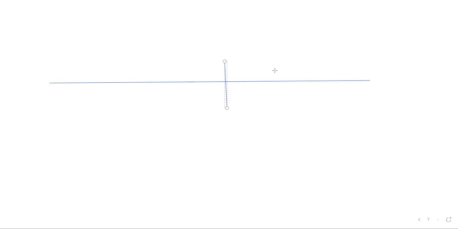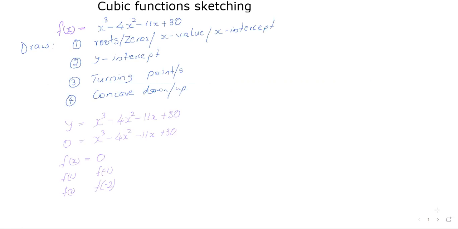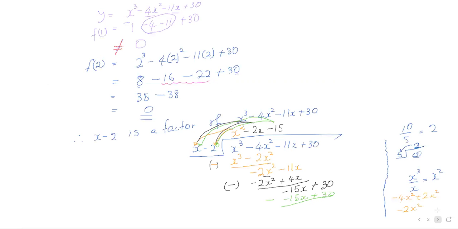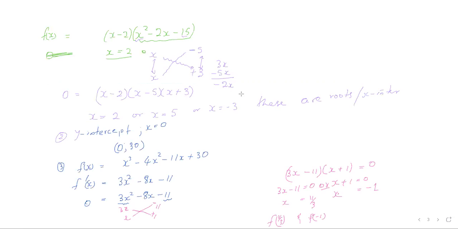We are looking for the roots first. Root number 1. Here are our roots. Our roots were 2, 5, and negative 3.